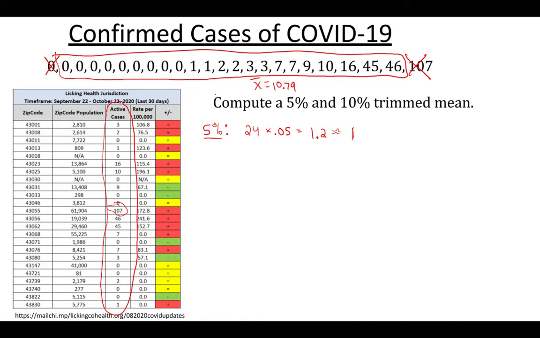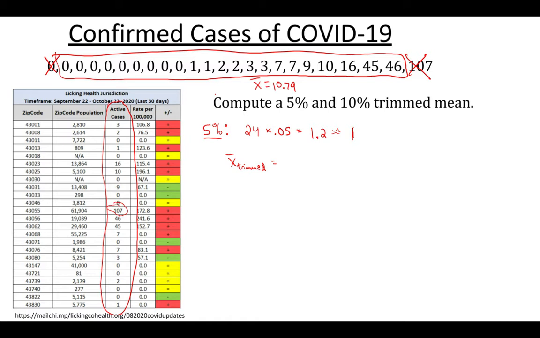And we do that just by finding any mean. We would just add them all up and then divide by the number of data values. So when we do that, I'm going to just write this X bar trimmed. That just means it's a trimmed mean. You don't necessarily have to write it that way, but so my trimmed mean in this case, we'd add them all up.